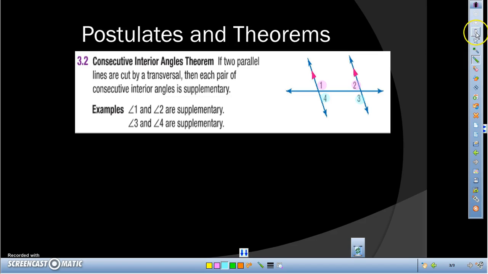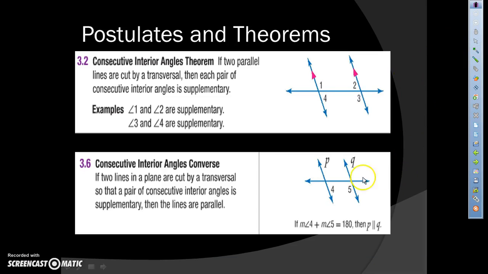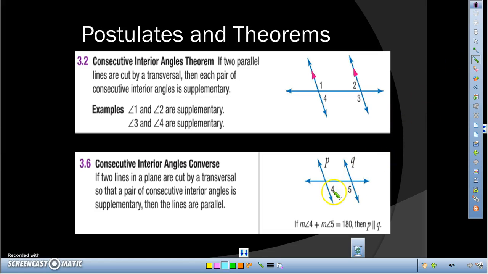Now what I'm saying is, if I have two lines cut by a transversal, and I can prove to you that these two interior angles on the same side of the transversal are supplementary, then I'm proving that the lines are parallel. And that is your consecutive interior angles converse.